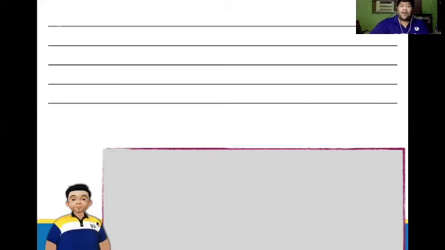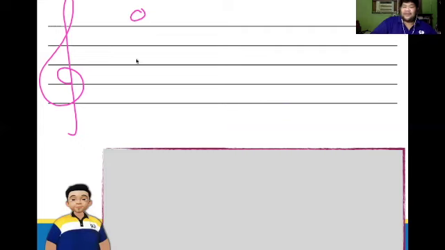But what if I decide to name a note that is above the staff, just like this? Again, this is closer to line number 5, and we all know that line number 5 is letter F. How many steps did it go up?